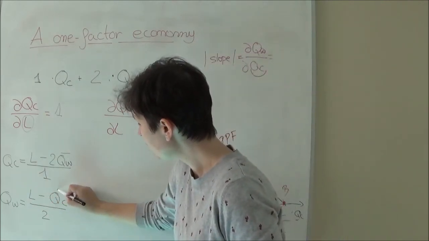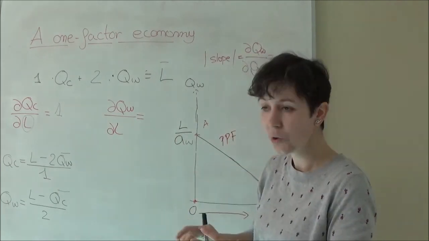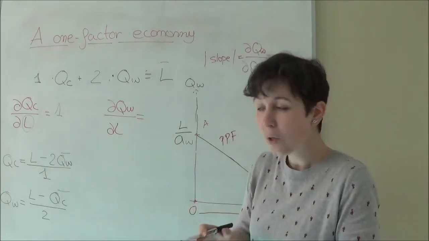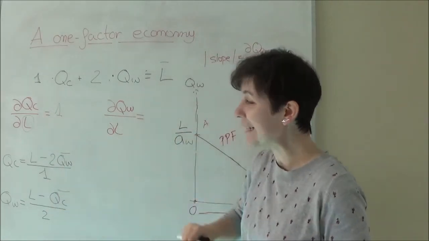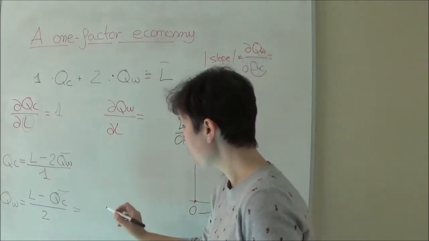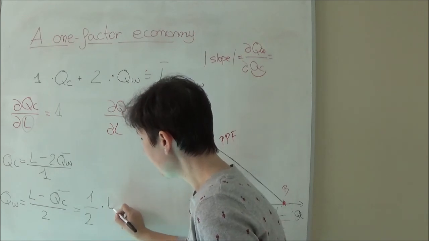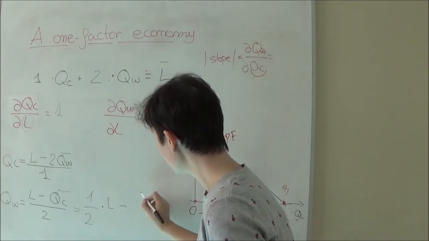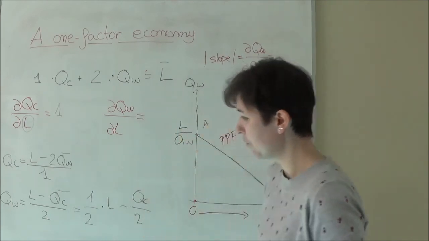And this is going to be constant because the only variable that we are going to consider as an actual variable in the right side of the expression is just labor. So just keep in mind that this can also be written as 1/2 times L minus the quantity of cheese over, in this case, 2.